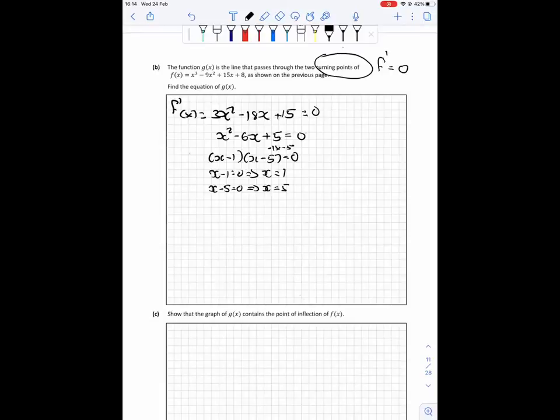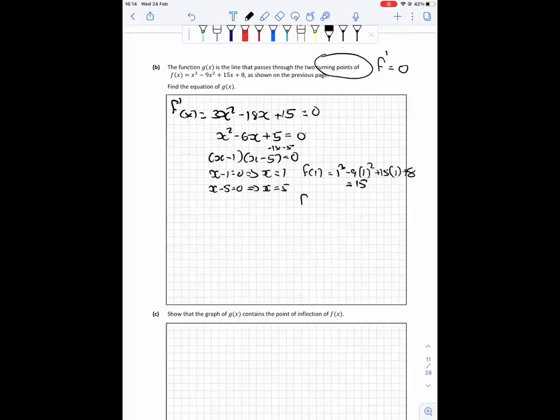In order to find the y, you go to the original function and you sub it in. So f of 1 equals 1 cubed minus 9 times 1 squared plus 15 times 1 plus 8. And you calculate that. So it's 1 take 9 minus 8 plus 8 is 0, so it's 15. So that would be 1 point.